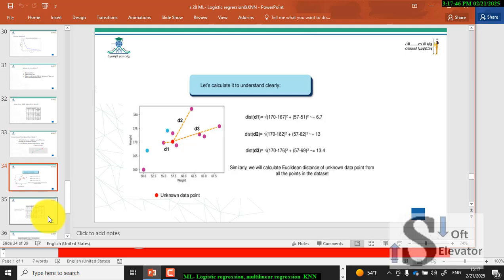So we can calculate distances d1, d2 and d3 from this point, calculate them and see. We have 6.7, 13 and 13.4. So now we will calculate the Euclidean distance of the unknown data point from all the points in the data set.